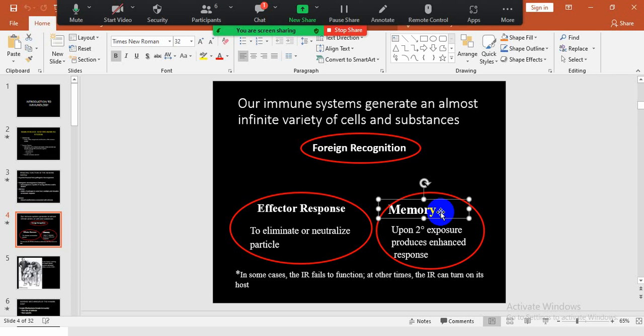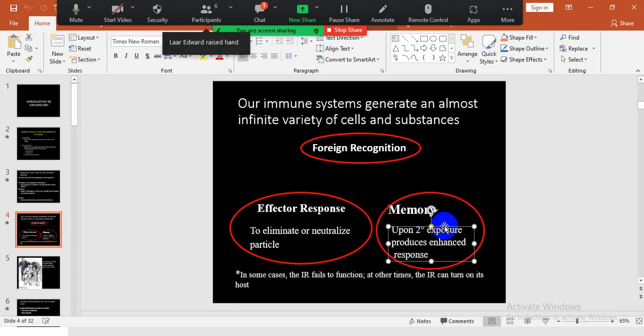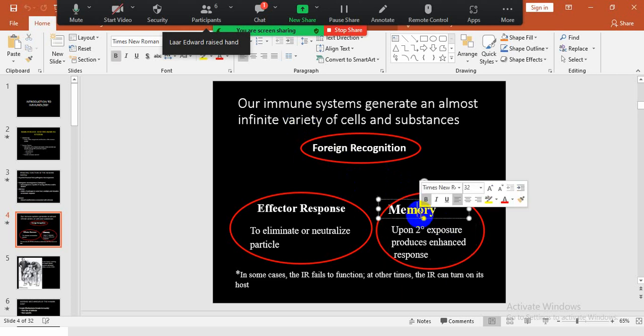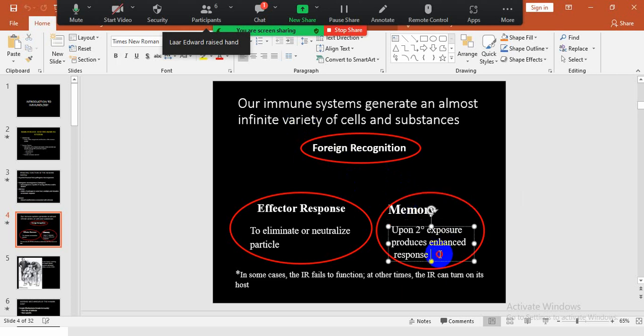Because initially your body did not have memory. Your body did not know the particles causing chicken pox. Lad Edward, I will let you ask your question. Let me explain these things. Your body did not know.